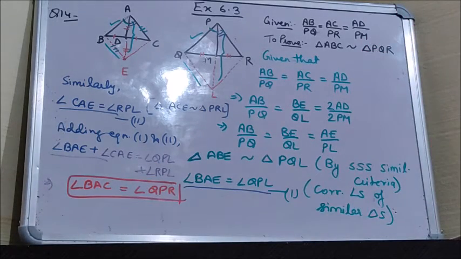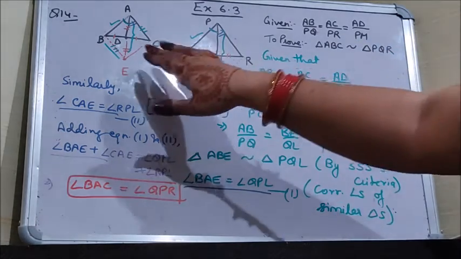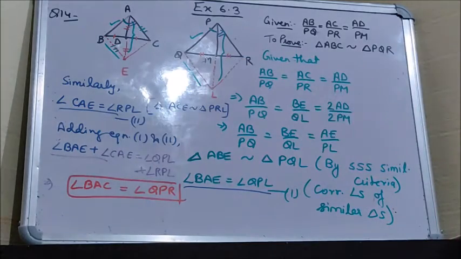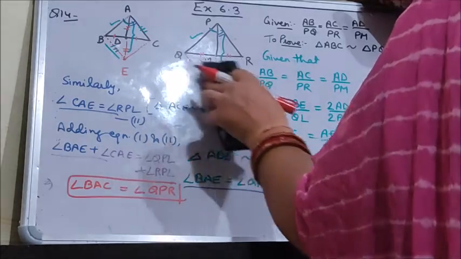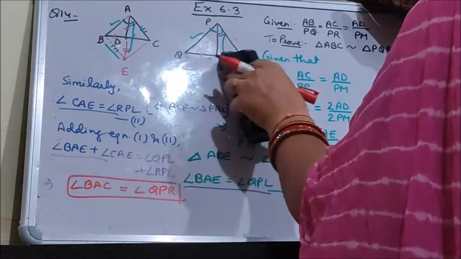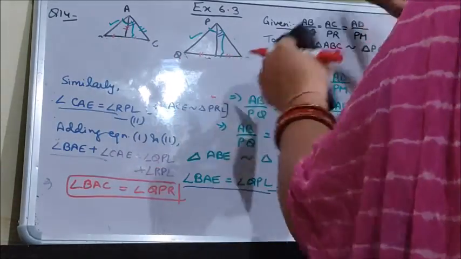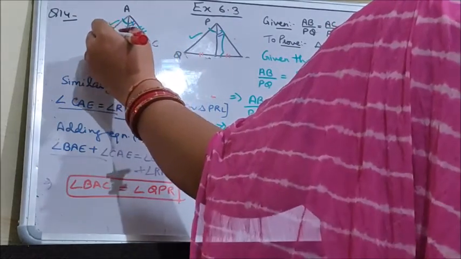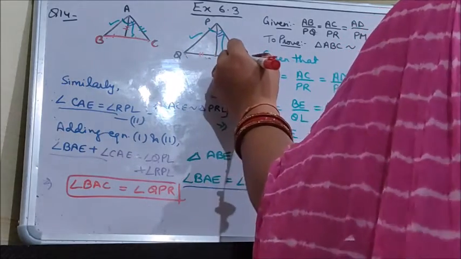Now, after this, what do we have to prove? Triangle ABC similar to triangle PQR. So just look at the main triangles. If I remove the construction part, just focus on the main triangles ABC and PQR.